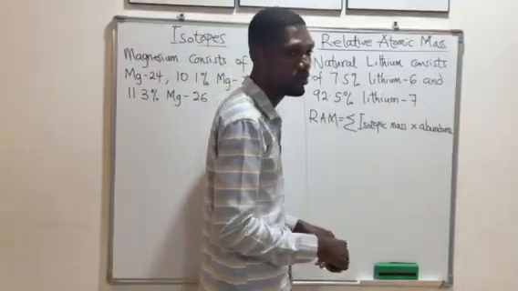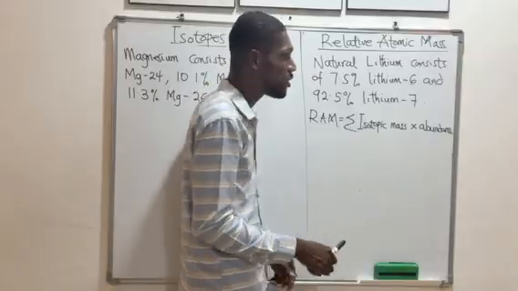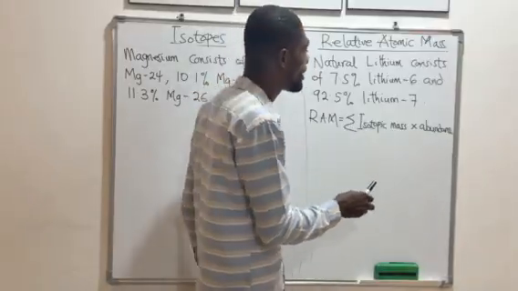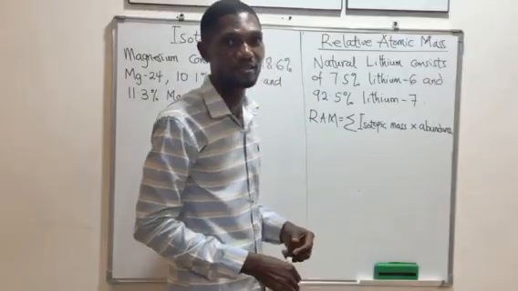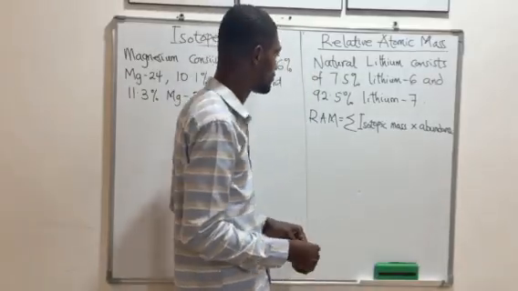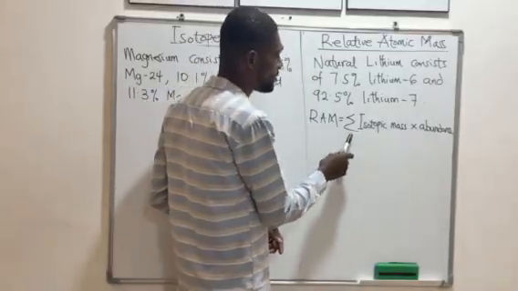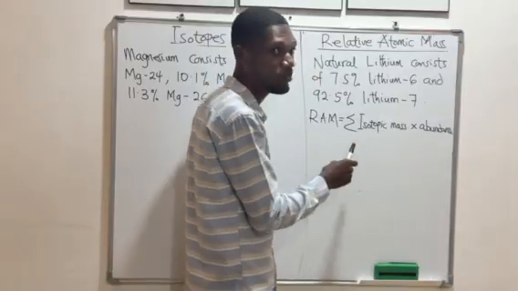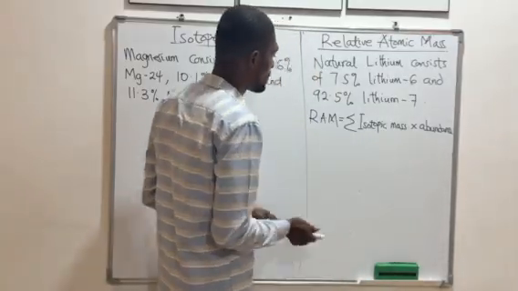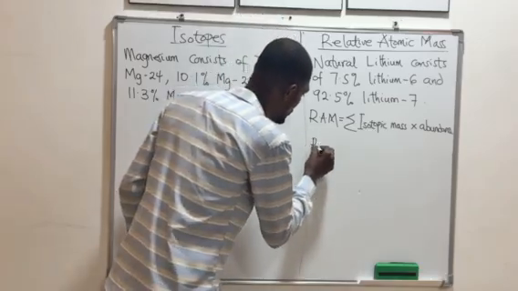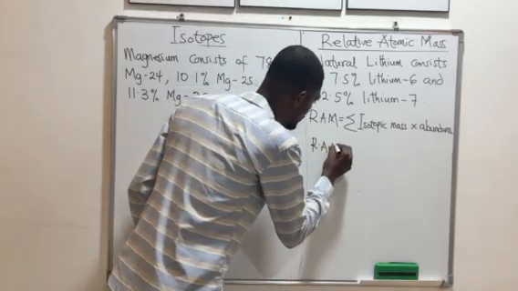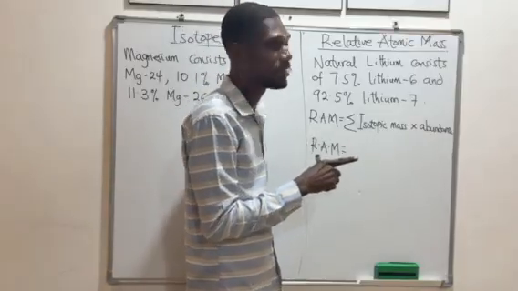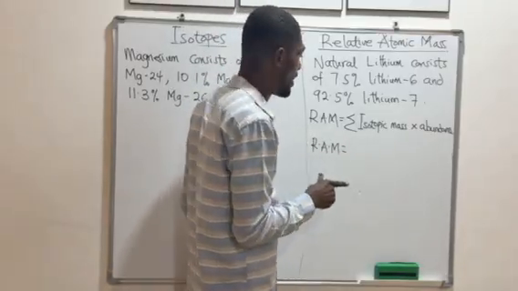we need to find the sum of the product of the mass of each isotope and the abundance of each isotope. So given the formula, sigma isotopic mass times abundance, where the sigma means the sum. So to solve this question, we need to take each isotope and then find the mass.